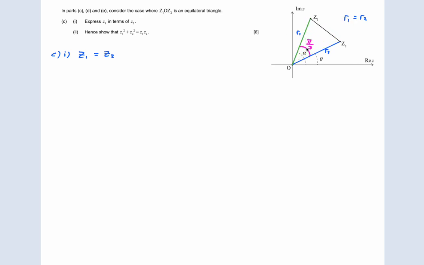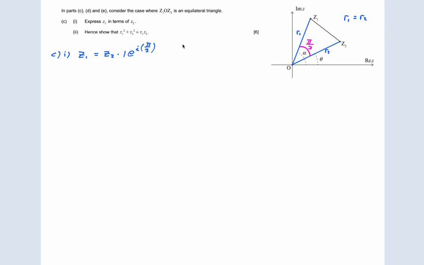Now, because the modulus is the same, I don't want to multiply it by anything, or I want to multiply it by 1. So I'm going to multiply it by 1 to keep the size of this the same, and then times e to the I times pi over 3, because the e to the I pi over 3 complex number, or cis pi over 3, whatever way you want to call it, will rotate this to here.